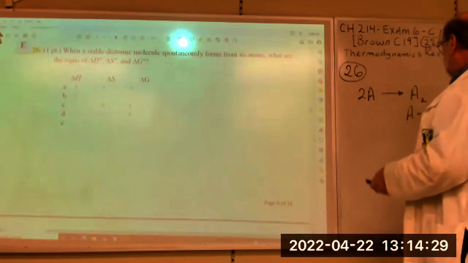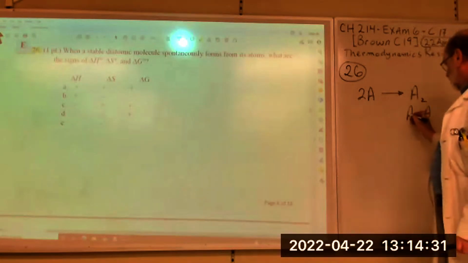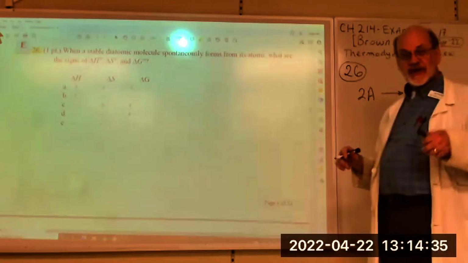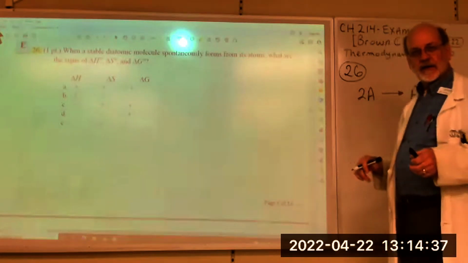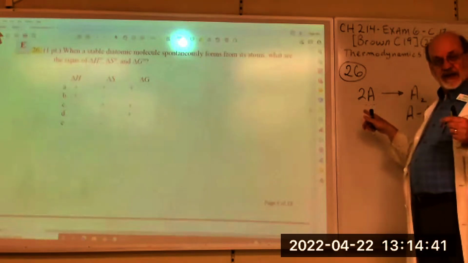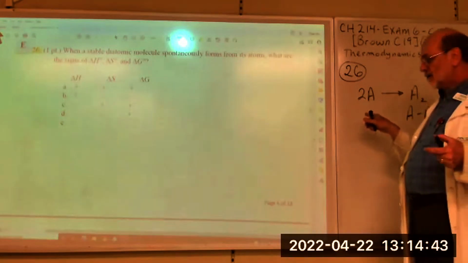So what are the signs? Well, let's see. How about delta H, right? What's the enthalpy of this reaction? Well, when you form a bond, you get stability. You give up energy.